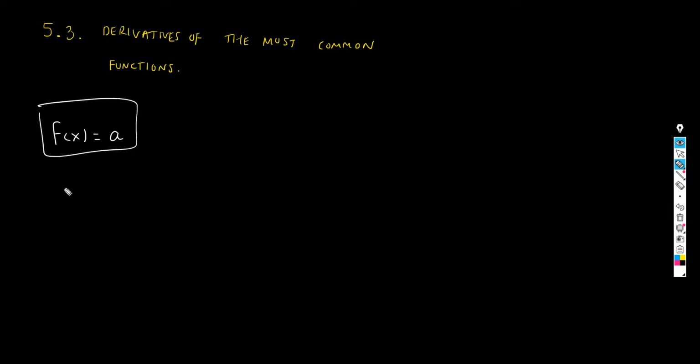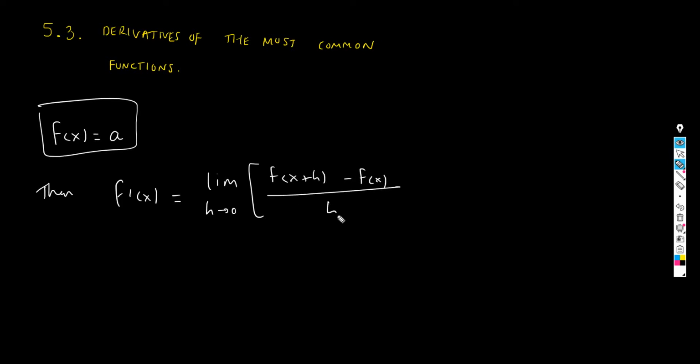If I have this function, then the derivative of f, which is known as f prime of x, is equal to the limit as h goes to 0 of my quotient, f of x plus h minus f of x, over h. That's it. That's the definition.